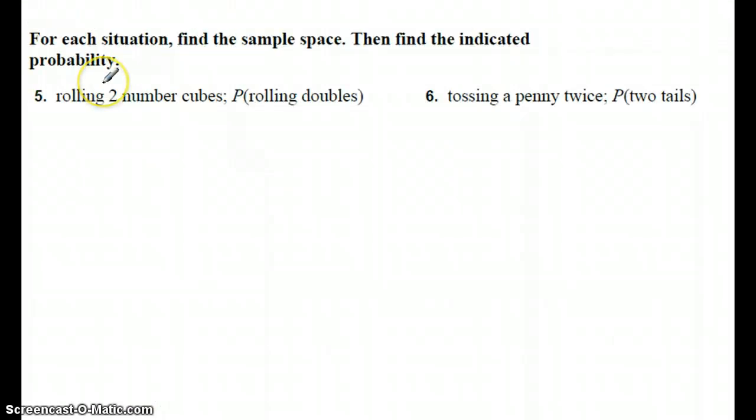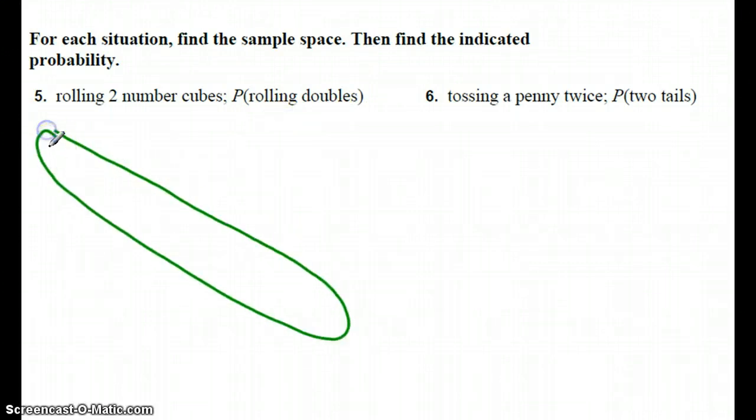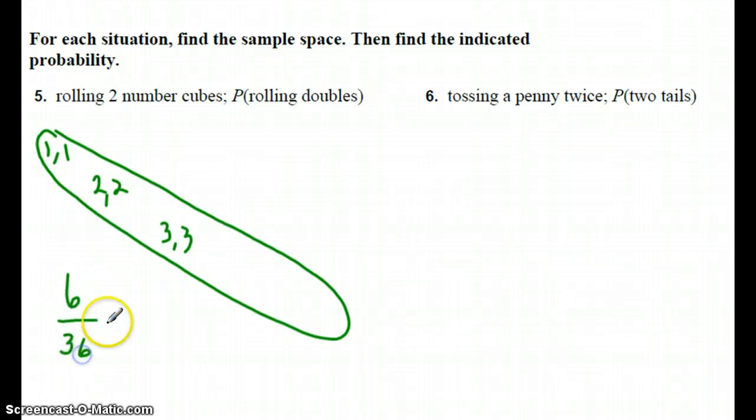We're going to be finding the sample space again here. If you think about it, we had done this activity in a previous lesson where we found the number of possibilities of rolling doubles. And if you recall, we set up a table, and then we found the outcomes going in this direction where we had a 1 out of 1, and then a 2 out of 2, a 3 and a 3, etc. So we had figured that out to be a total of 6 out of 36 outcomes, which gets simplified to 1 over 6.